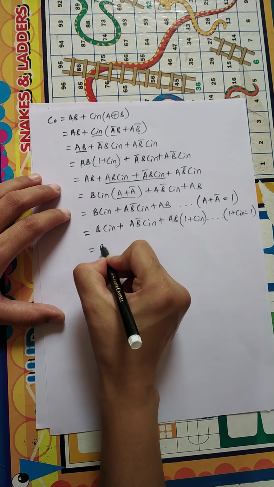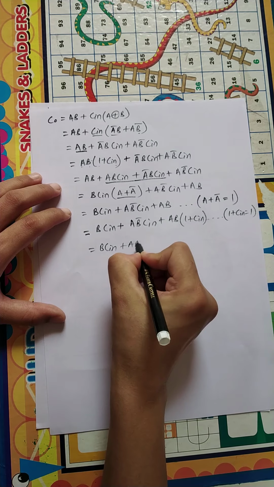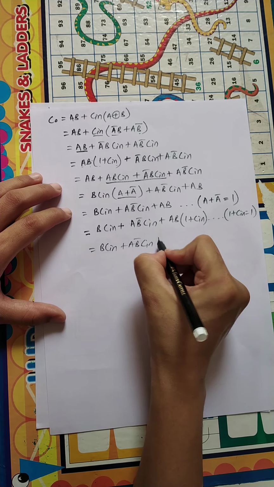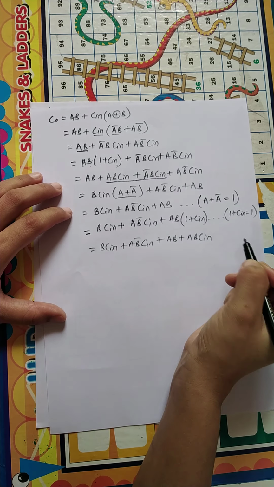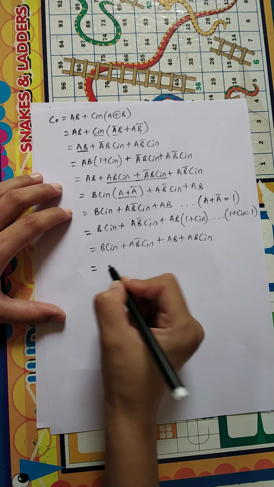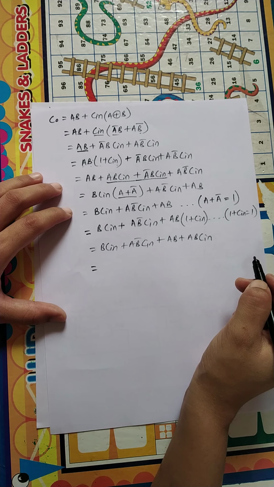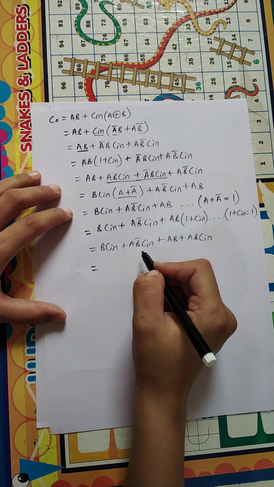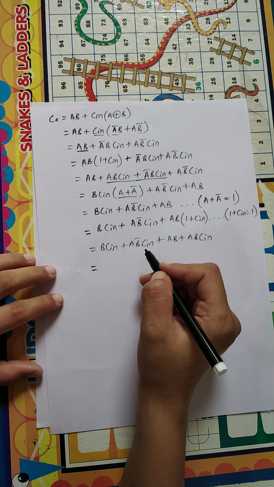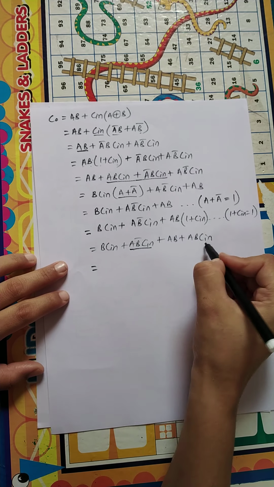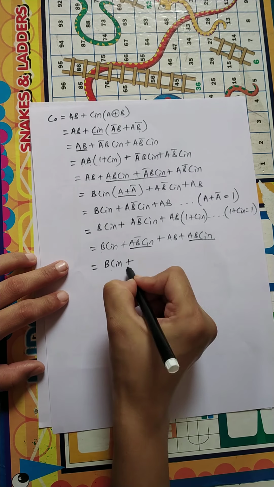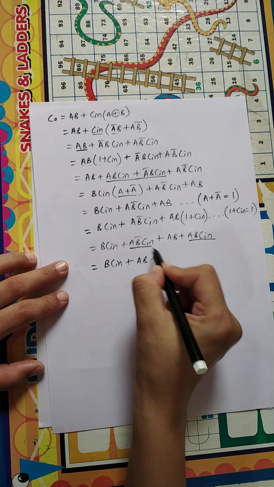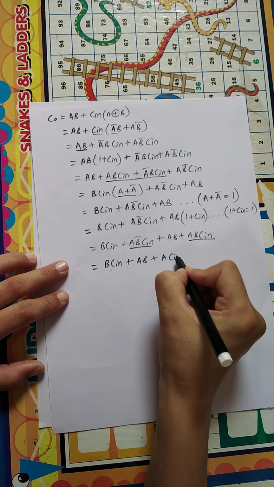Again BCin plus AB barCin plus ABCin. Now again you can see that what can be taken common in this. So in these two terms I'll write this term as it is, this term as it is, and from these two terms I'll write ACin common.